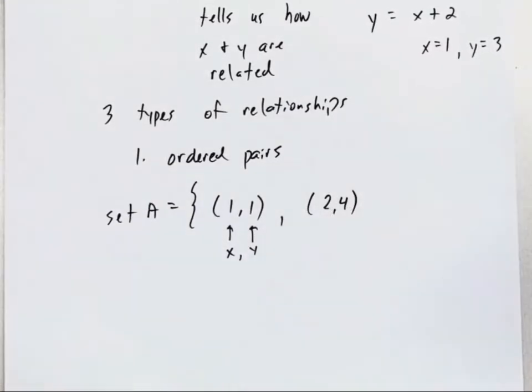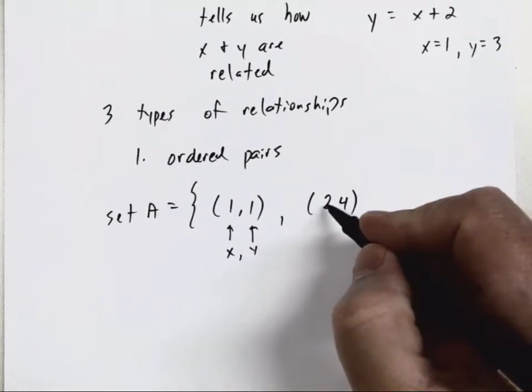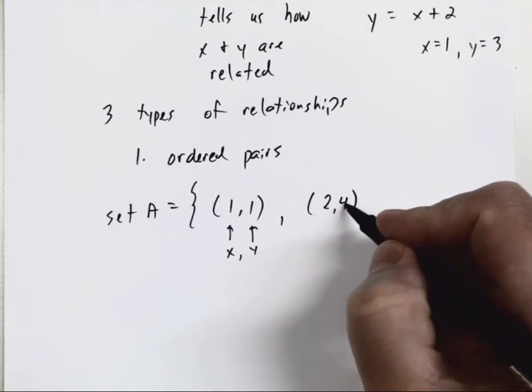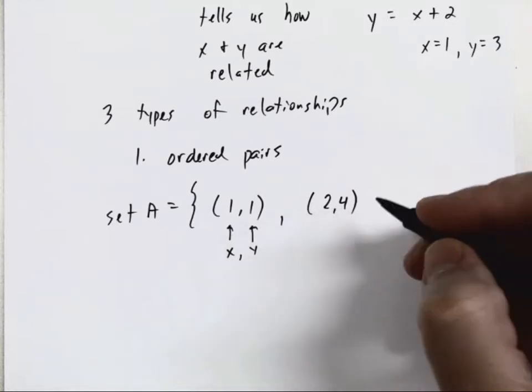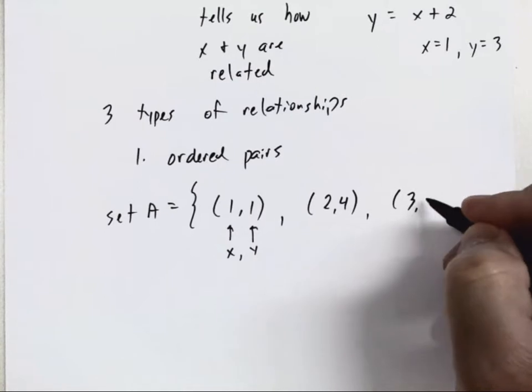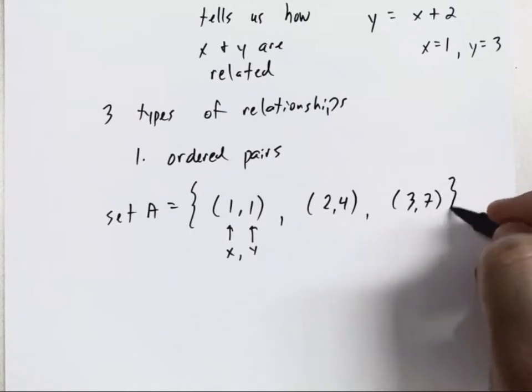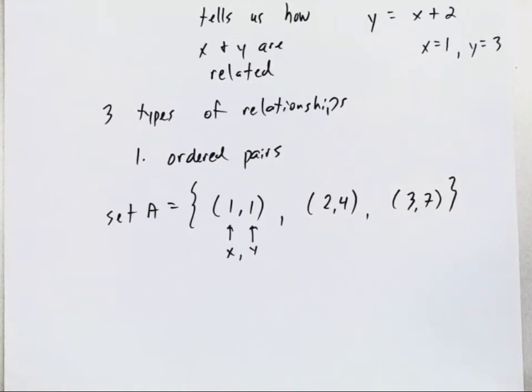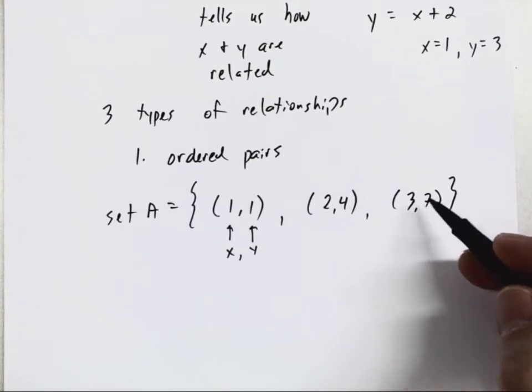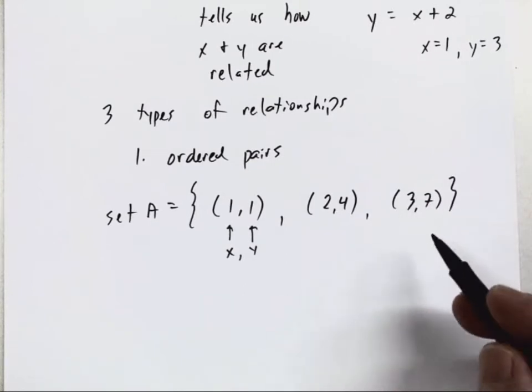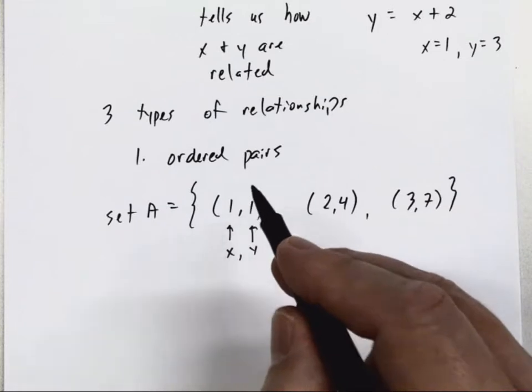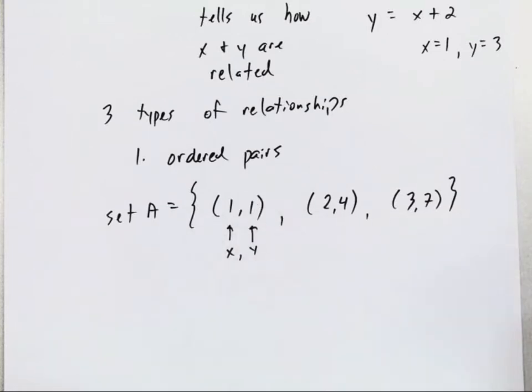Say, for instance, I just sort of made this up. I have an ordered pair 2, 4, which means if x equals 2, y equals 4. And let's just do one more, just to keep it simple. 3, 7. If x equals 3, y equals 7. Now in a set like this, this is it. 3 ordered pairs. That's everything.